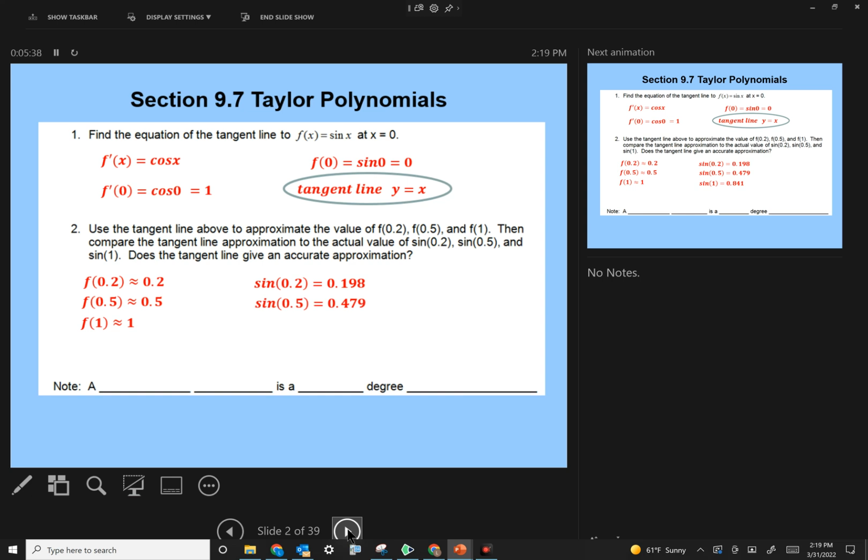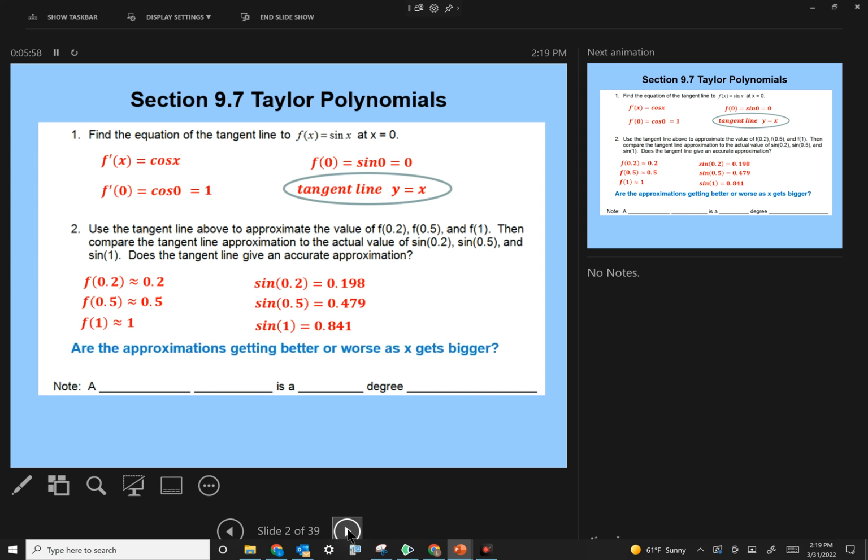Okay, and if I plug in a 1, the sine of 1 is 0.841. Okay, so I used the tangent line to approximate the value, and then I found the actual value, and I'm trying to compare how close they are.